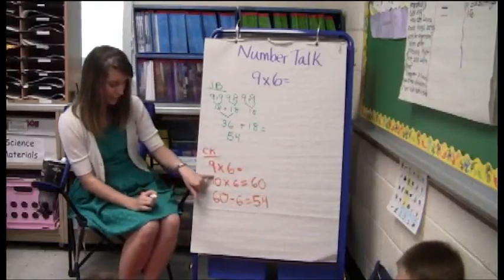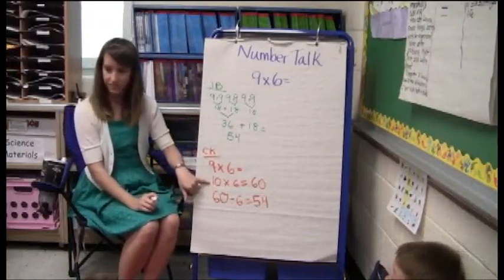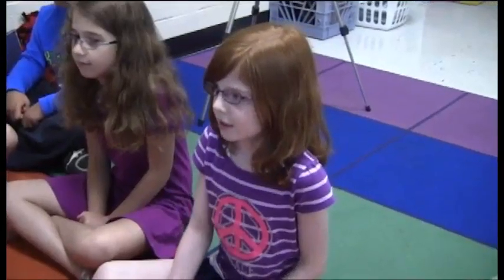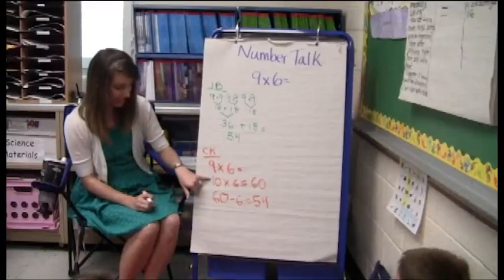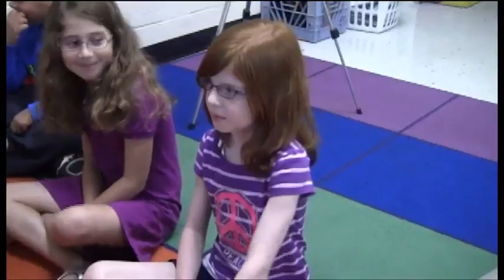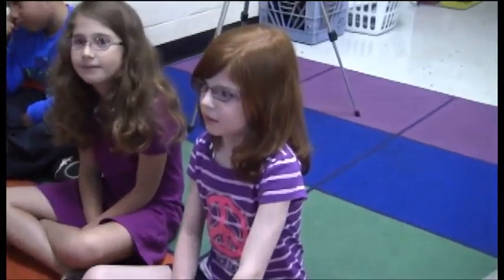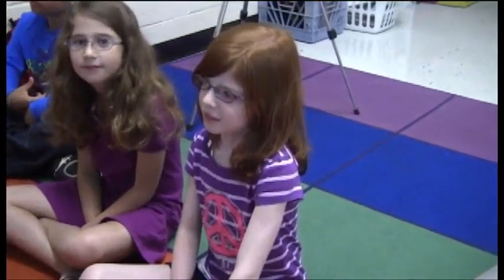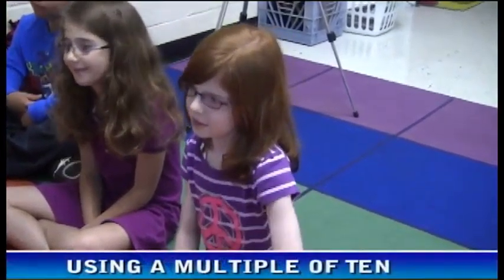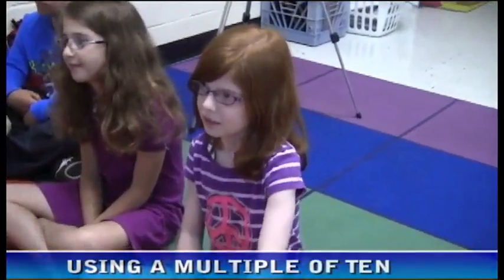So tell me, where did you get this 10 from? I got it because I added one more group of 6. Okay. And then 10 times 6 is easier than 9 times 6.